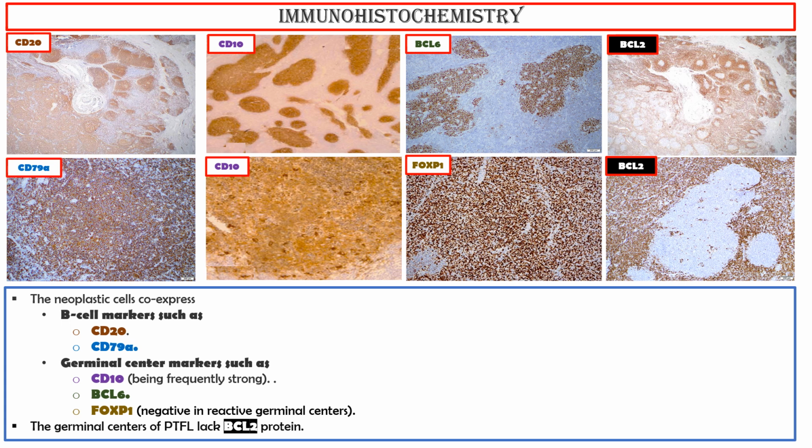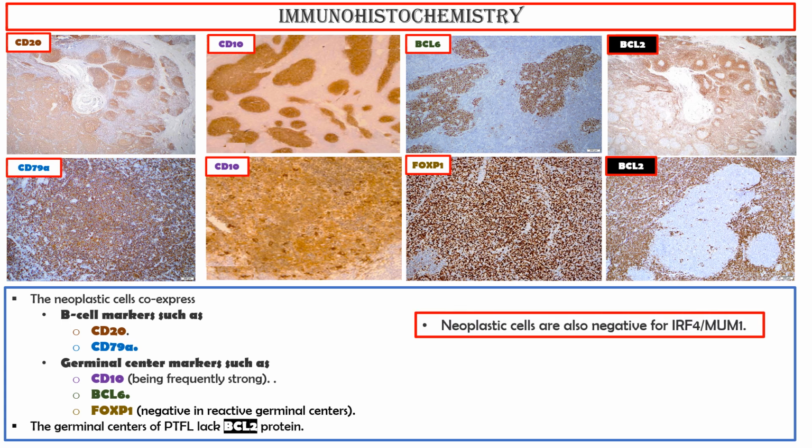The germinal centers of pediatric type follicular lymphoma lack BCL2 protein. Neoplastic cells are also negative for IRF4 MUM1.